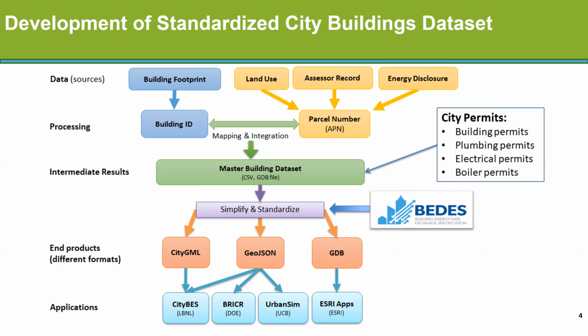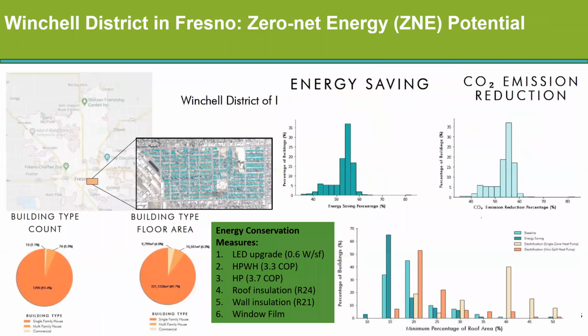The data include building footprint, land use, assessor records, and energy disclosure, which basically has the annual energy use. We integrate the data, standardize the terms using a data dictionary called BES, and then transfer the data in different formats to support different applications. CityGML is an international open standard, which is getting used by more and more applications.